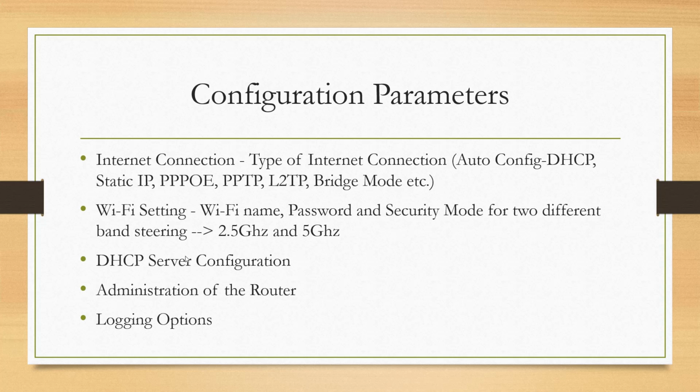So whichever Wi-Fi router you are configuring, whoever is the manufacturer, whatever is the model, this basic thing you have to always remember that for configuring a Wi-Fi router, a successful connection needs to define an internet connection, what type of internet connection you will configure on the Wi-Fi router, what are the Wi-Fi settings you will be configuring, the DHCP configuration for the IP addresses to be assigned to the end devices, like when you are trying to connect your phones, your laptops, your desktop to the internet, the IP address requirement that need to be obtained from the Wi-Fi router, that configuration you need to do, the administration part and the logging options.